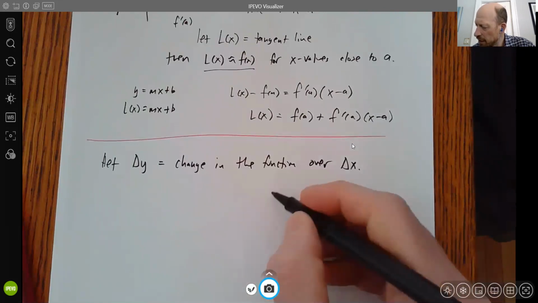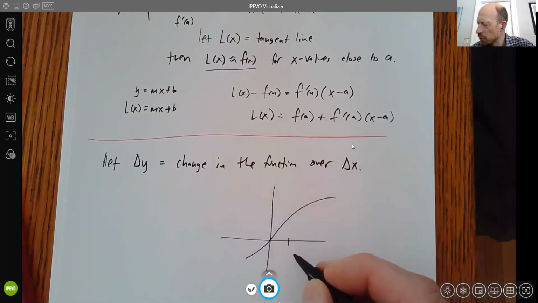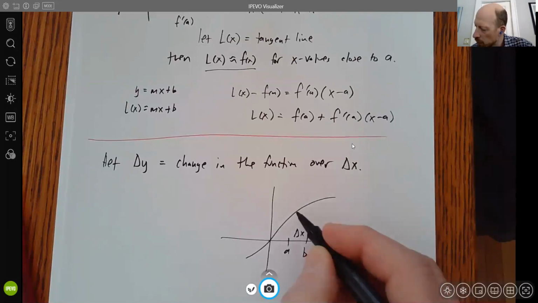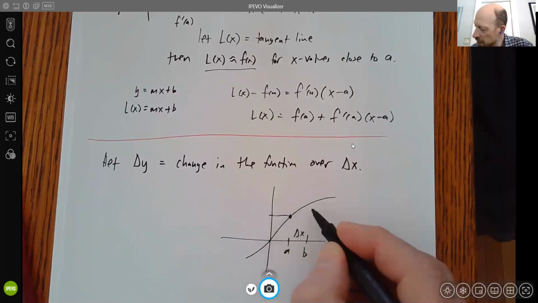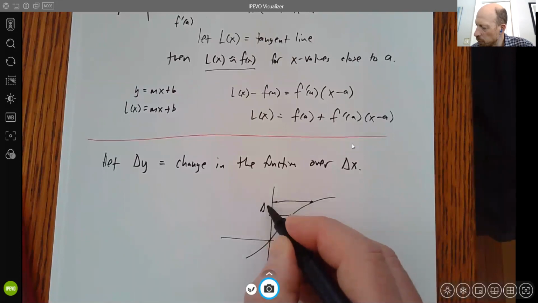So the idea is that maybe I have a function and it goes from a to b. This distance is delta x, and there's a corresponding change in the function here, which we're going to call delta y.